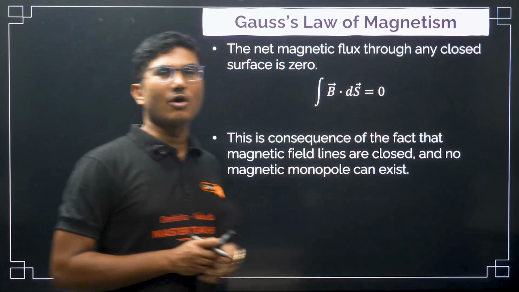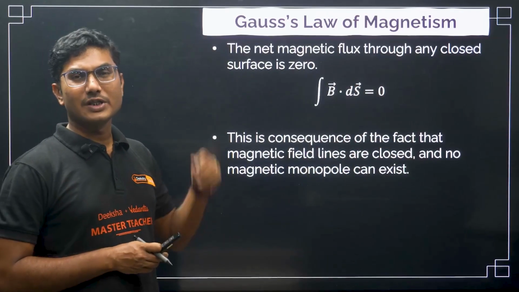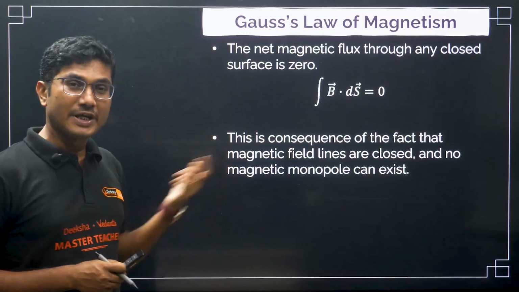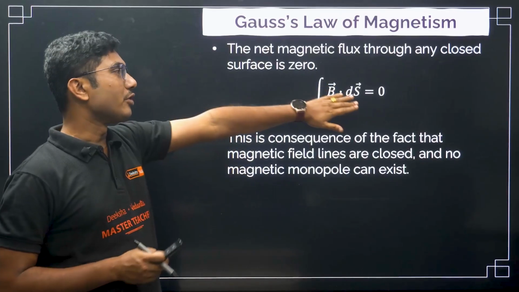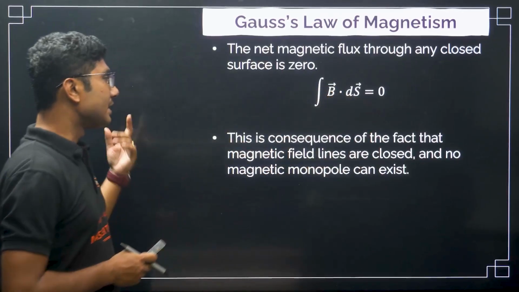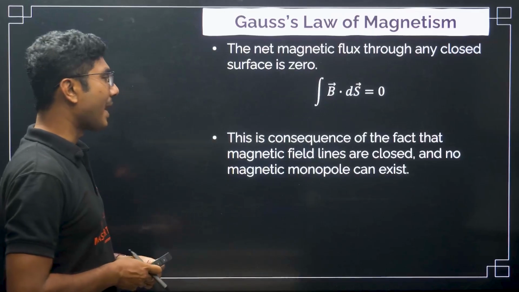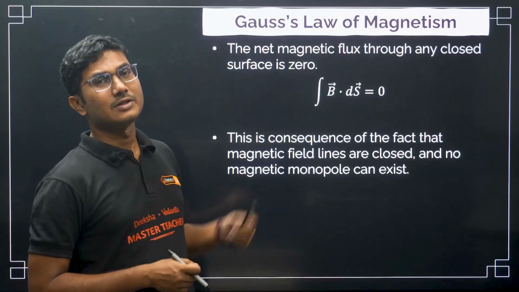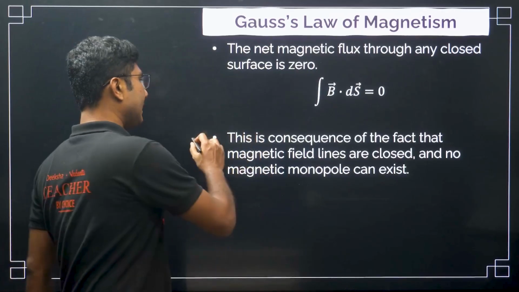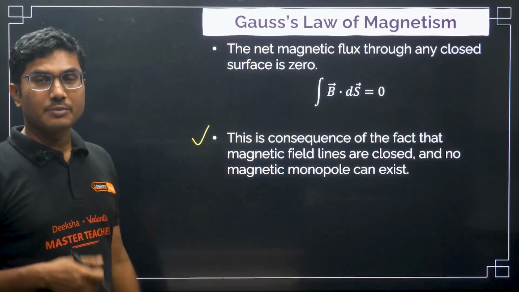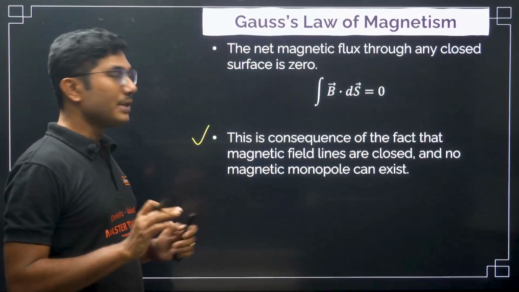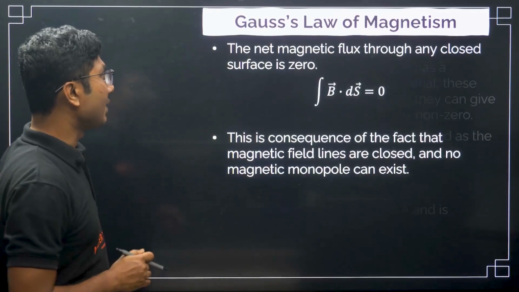But in case of magnetism, a magnetic monopole, an individual single pole, does not exist, so it will always be 0. This is a consequence of the fact that magnetic field lines are always closed and no magnetic monopole can exist. Based on this interpretation, MCQ objective questions might come, so be prepared for that as well.